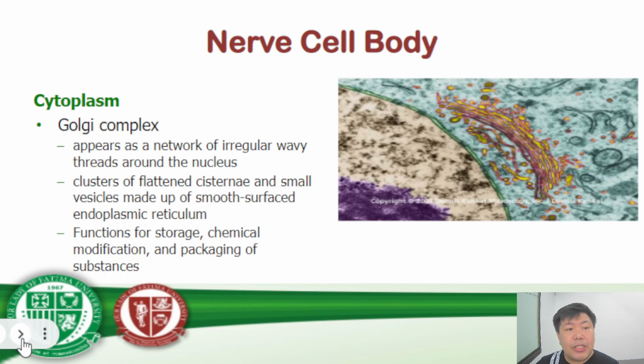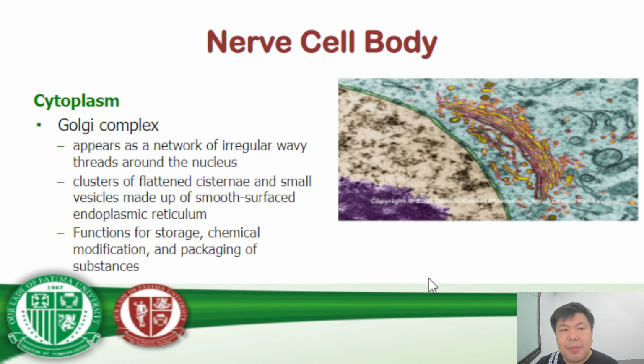Next, we have your Golgi Complex. So the Golgi Complex appears as irregular, wavy, flattened structures, no? Wavy appearing, flat appearing structures. And what is their function? They function for storage, for chemical modification, and for packaging of substances.